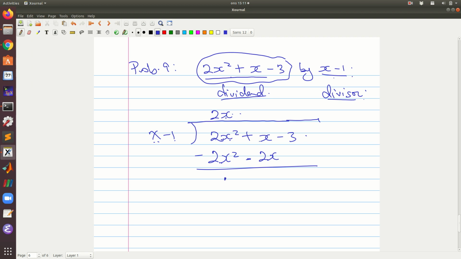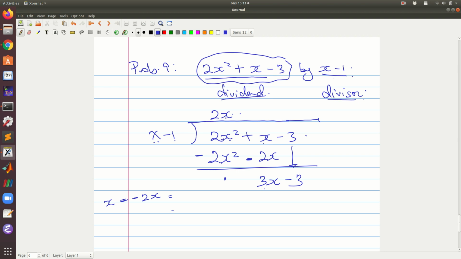And then here we have x minus negative 2x. Since the signs there are the same, if we combine them, they become a positive, and x plus 2x is 3x. So we have that as 3x, and then you carry down the next term.